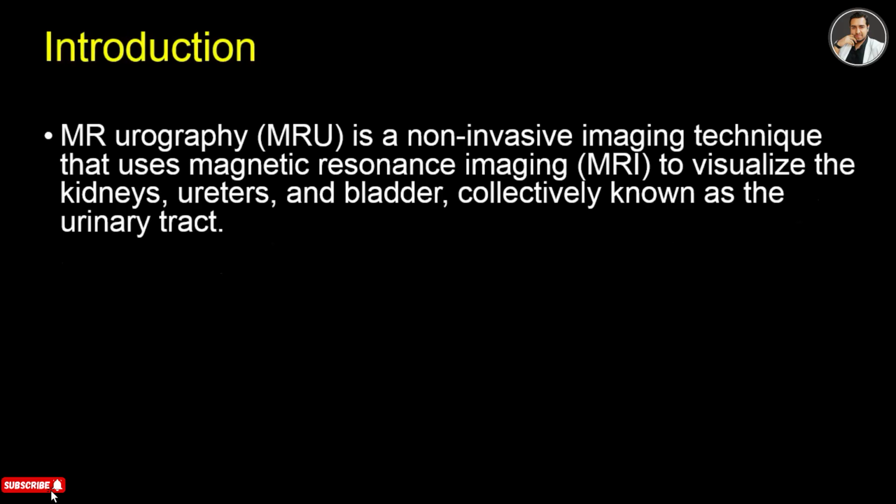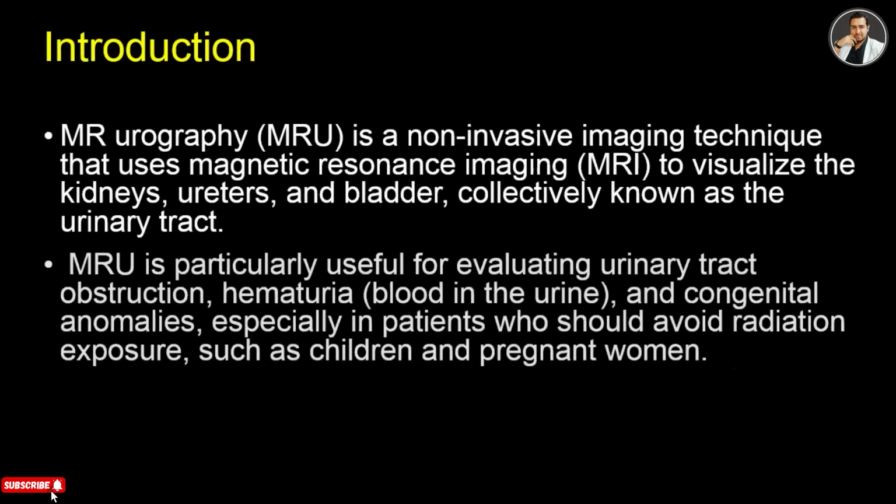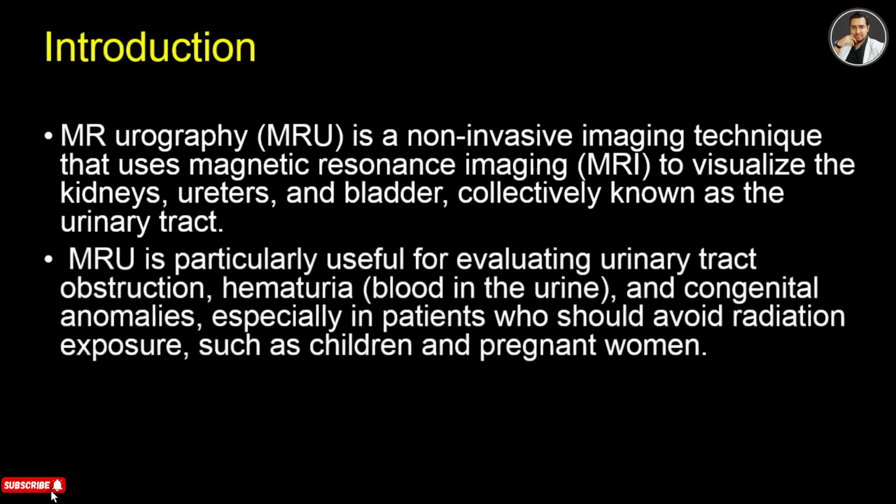So the main aim is to visualize the kidneys, ureters, and bladder through MRI procedure, and also the flow of the urine in the urinary tract. And MRI is particularly useful for evaluating urinary tract obstruction, hematuria.